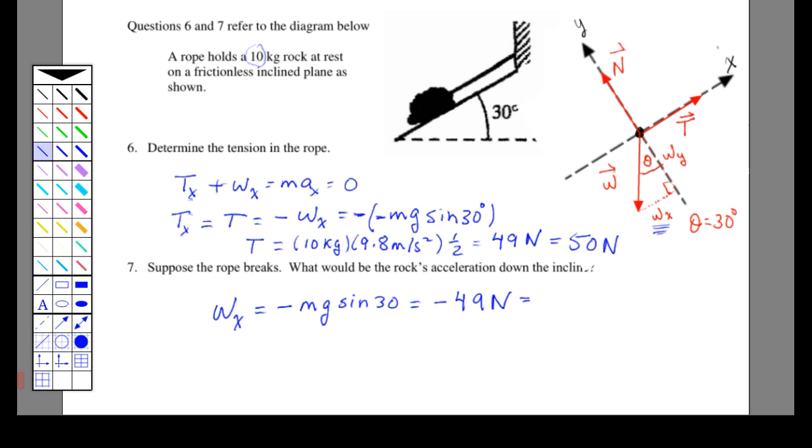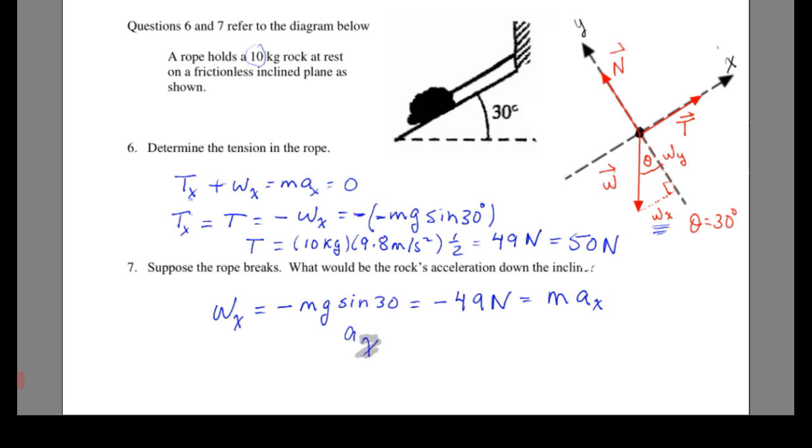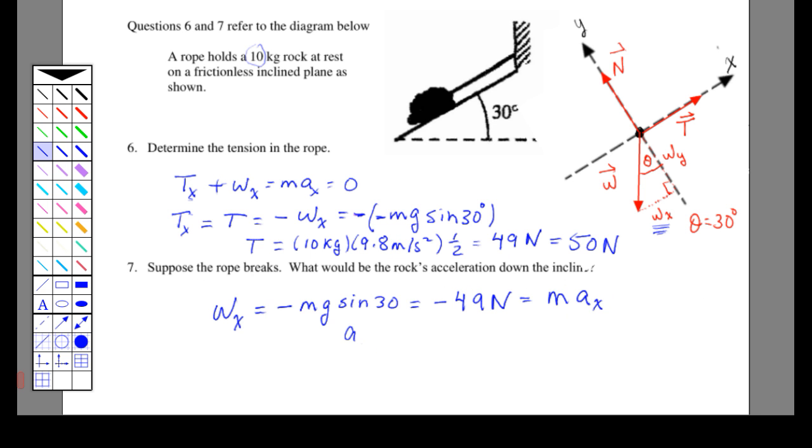And so, remember Newton's second law, force is equal to mass times acceleration. So this is the acceleration in the x direction. Our acceleration in the x direction, that's a big X, why don't I make that a little bit clearer. We're solving for a_x, it's just negative 49 newtons divided by our mass, which is 10 kilograms.